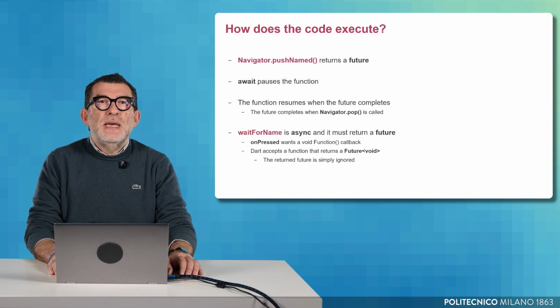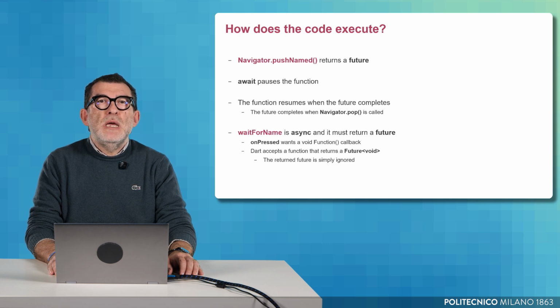As we have already said, we can clearly follow the different steps executed on a single thread. When Navigator.pushNamed is called, it immediately returns a future. At that point, the function waitForName reaches the await keyword and pauses its execution. While waitForName is paused, the app navigates to the selection screen and the user can interact with it.